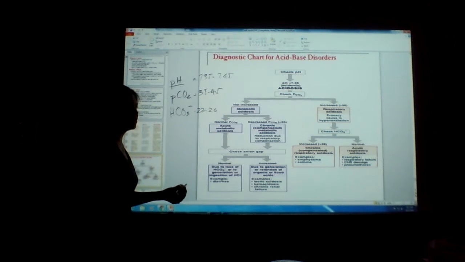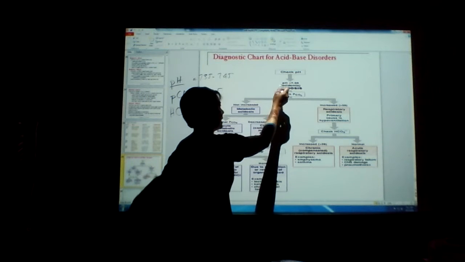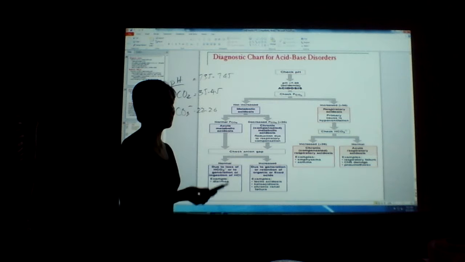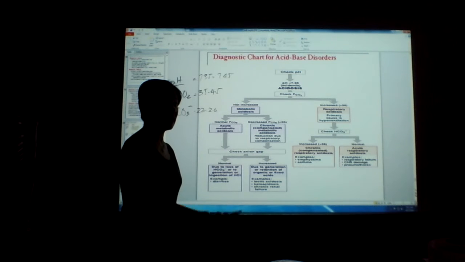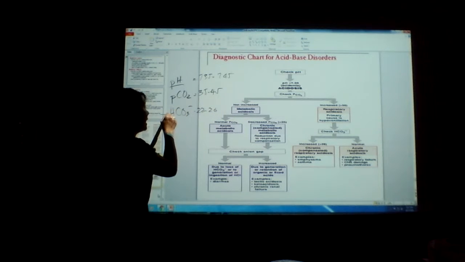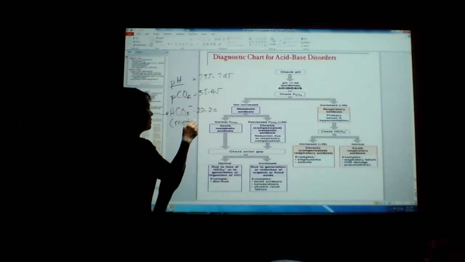The first thing that you will check in ABG analysis is the pH. If the pH is low, then you're going to write that the patient is in acidosis. Now, I just want to know, is the patient in respiratory or metabolic acidosis? If the bicarb is the problem, you say the patient has a metabolic problem.